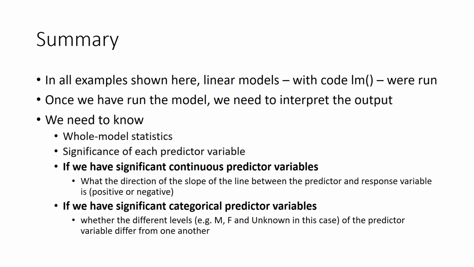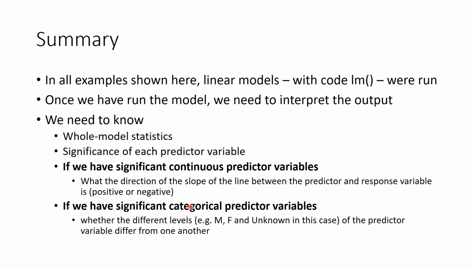And if it's a categorical predictive variable and it's significant, then you need to know where those differences in the levels lie. So is male different to female? Is female different to unknown? Is male different to unknown? These analyses, these reports on the slope or the EM means reports, are only required if your variable is actually significant.